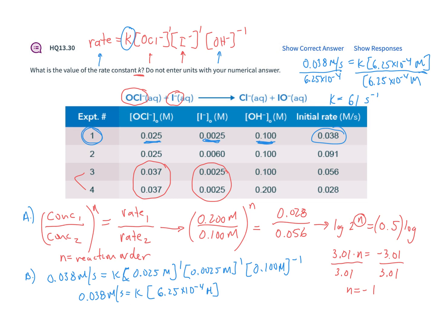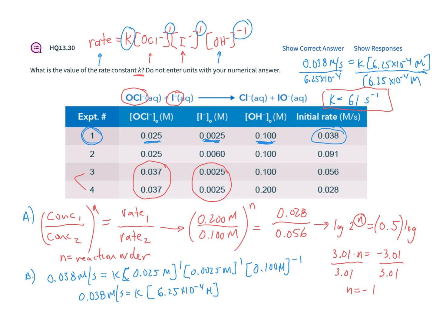This ends up being first order overall, so 61 inverse seconds. It's first order because when we multiply, we add our exponents together. So 1 plus 1 is 2, plus negative 1 brings us back down to 1. The units of a rate constant need to be inverse seconds for a first order reaction.